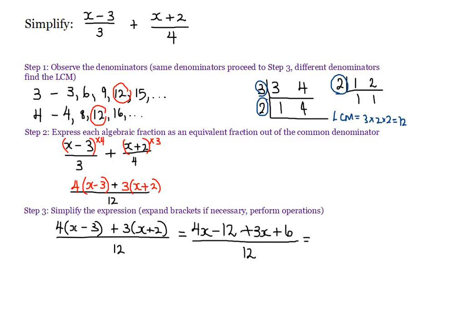Alright, now remember what I said. We want it in its simplest form, so we don't want any like and unlike terms there multiple times. So if I look at my numerator, I have 4x minus 12 plus 3x plus 6. What I'm going to do is take all my terms with x and put them together, and then I'm going to put all my constants together, right? So when I put my terms in x together, I'm going to get a total of 7x.